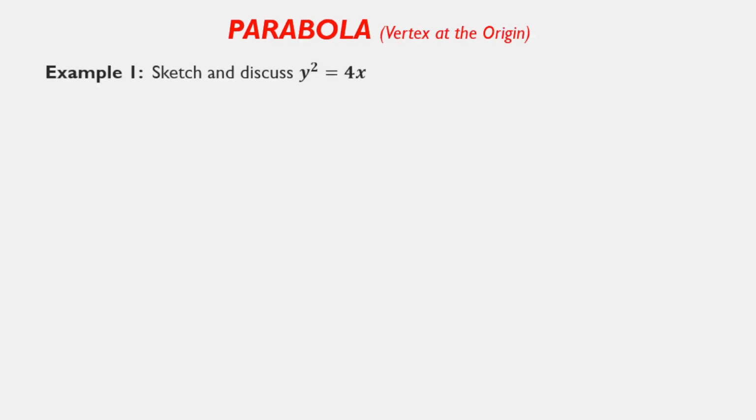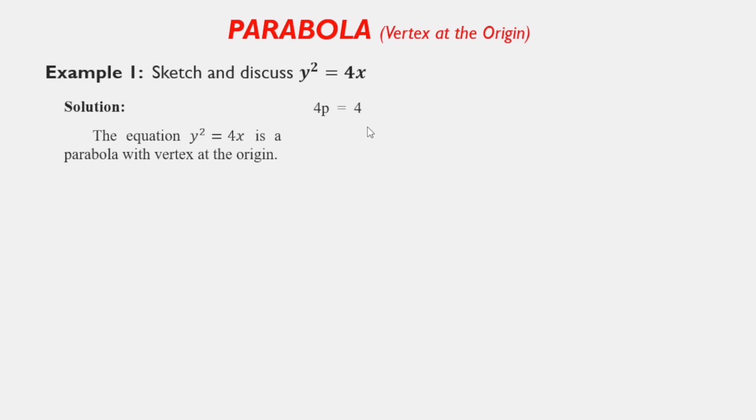Example number 1. Sketch and discuss y squared is equal to 4x. The equation y squared is equal to 4x is a parabola with vertex at the origin. So all we have to do is set the coefficient equal to 4p.